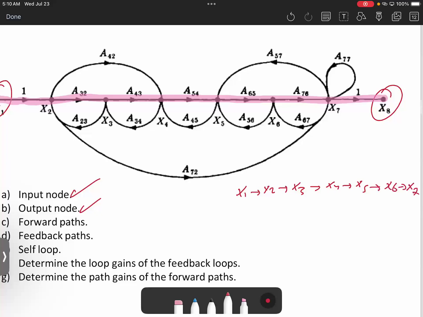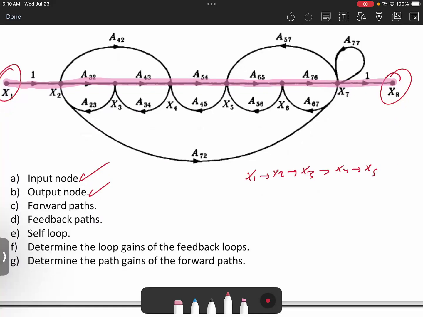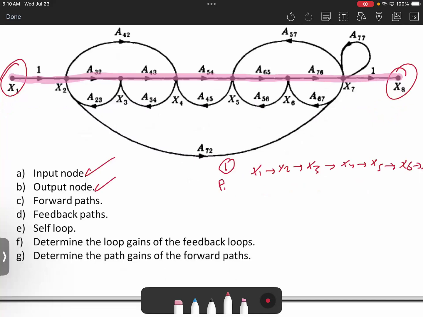This is forward path number one. How about the gains? Because here in part F, we need to find the gains. How about the path gains? A21 times A32 times A43 times A54. Is it 3 or 5? 5, 4. Yes. A65, A76. Then this is the first path gain.